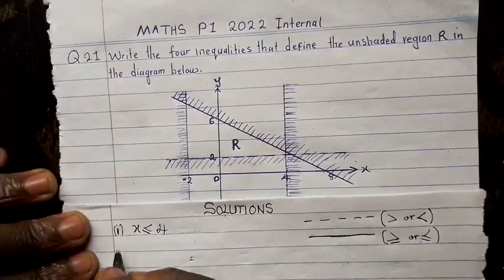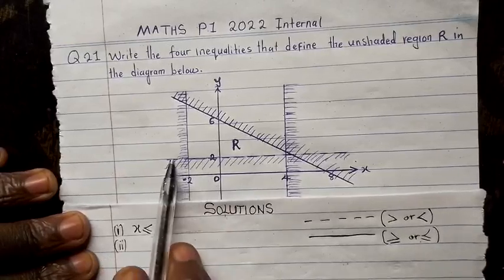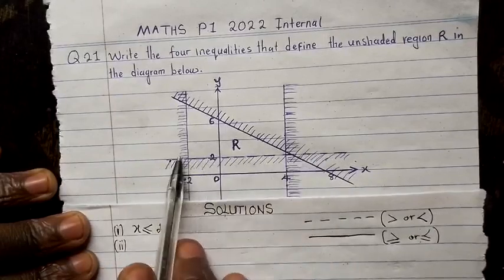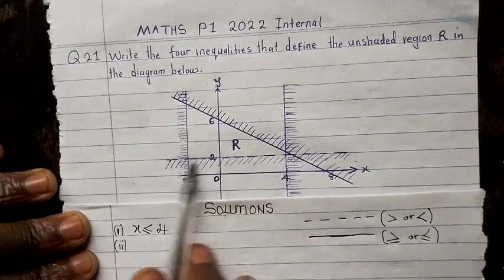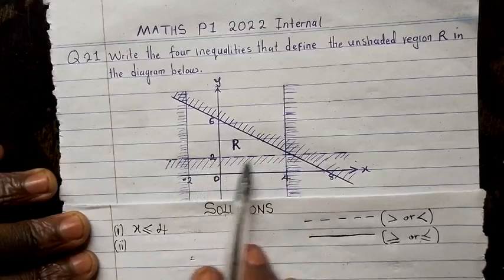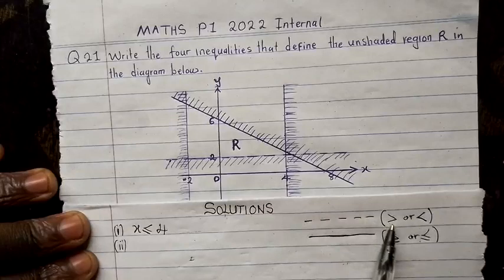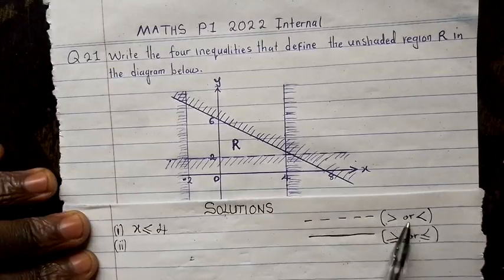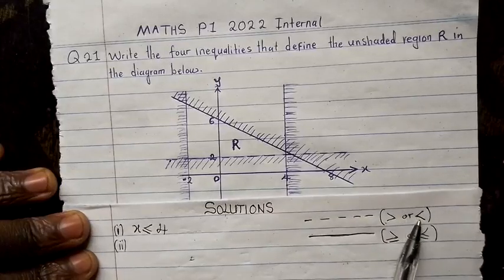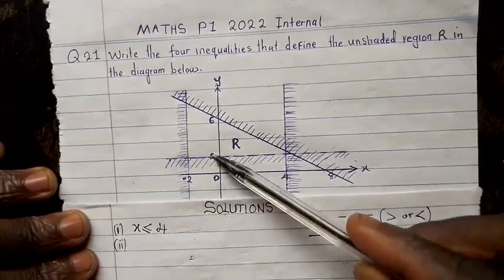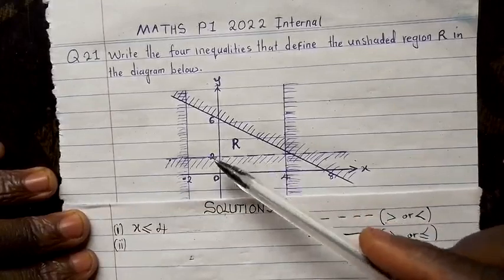The next one is cutting the y-axis. As you can see, this one is a dotted line, which means you are supposed to use greater than or less than, depending on the side which is not shaded. Is the part which is not shaded greater than or less than?